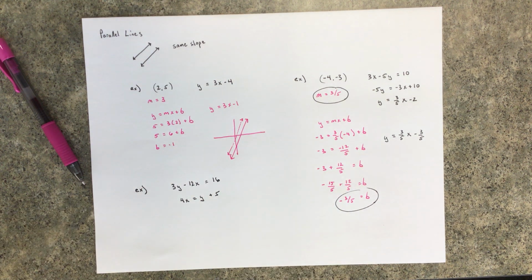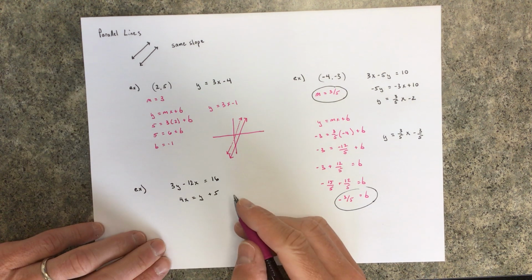Are those two lines parallel? Well, to decide whether they're parallel or not, you have to decide whether they have the same slope or not. And they actually could be the exact same line if they have the same slope and the same y-intercept, so we don't really want that. For them to be parallel, we want to show that they have the same slope and a different y-intercept.